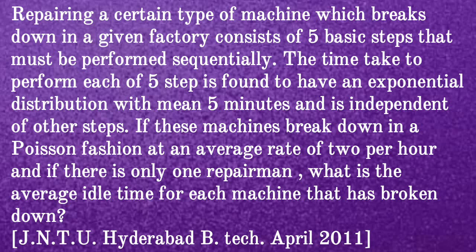If these machines break down in a Poisson fashion at an average rate of 2 per hour, and if there is only one repairman, what is the average idle time for a machine that has broken down? This question was asked in J.N.T.U. Hyderabad B.Tech, April 2011.